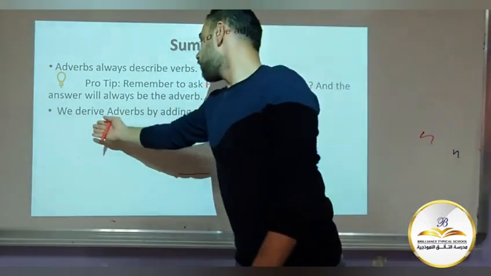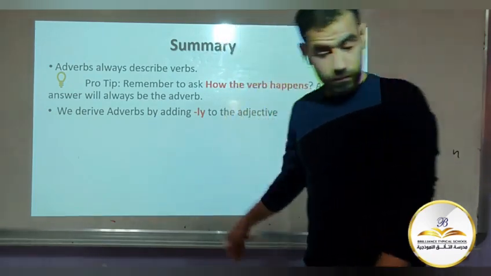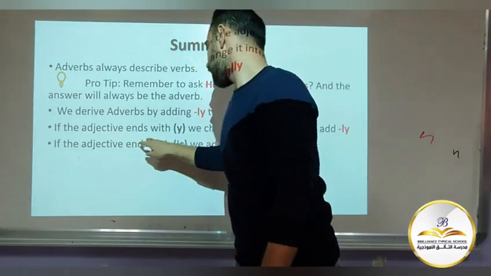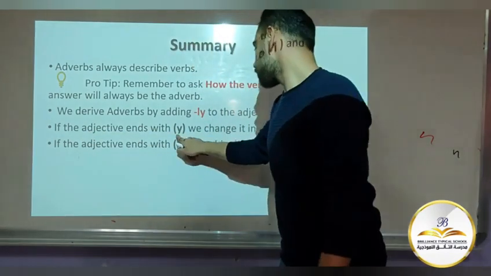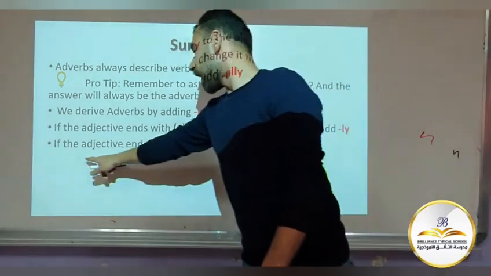We derive adverbs by adding ly to the adjective. This is important. And also, if the adjective ends with y, we change this y into an i and add ly.